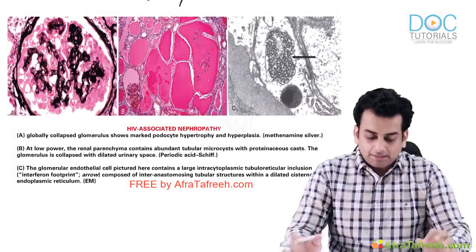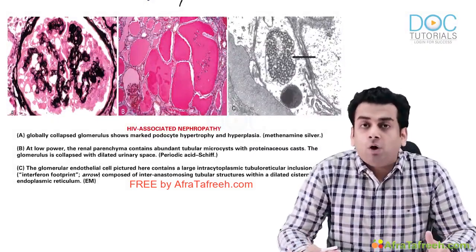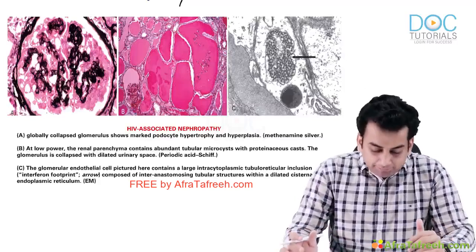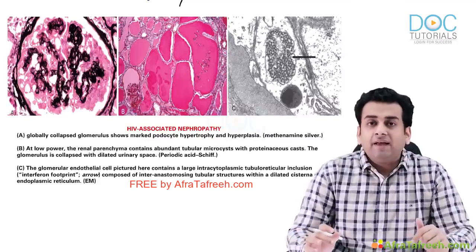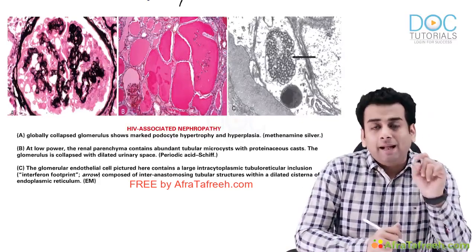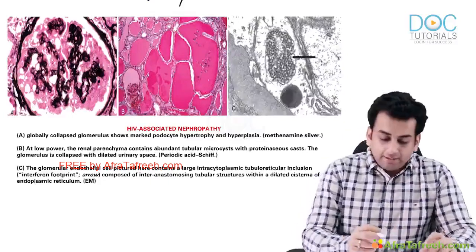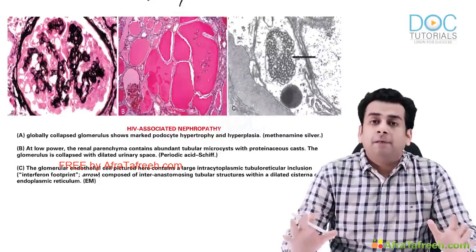Now please see here, in HIVAN we have 3 different views of the kidneys. In the methenamine silver stain, we have seen how there is collapse of the glomerular tuft, and that space has been occupied by podocyte hyperplasia.